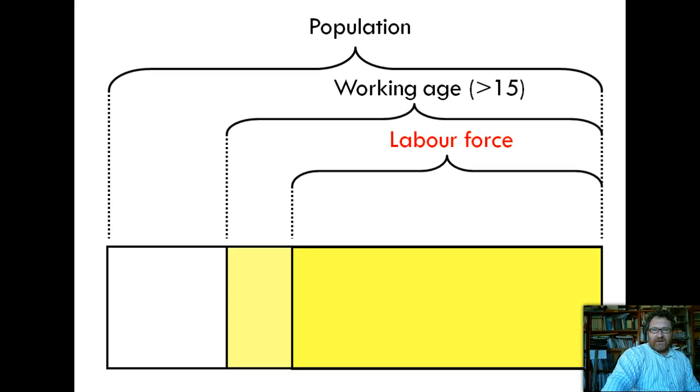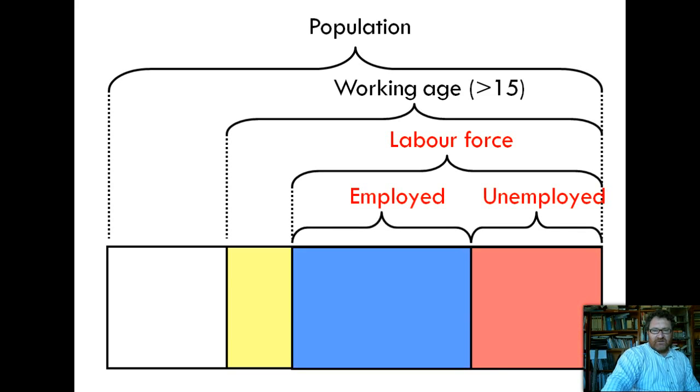And of that working age population, some percentage of them makes up the labour force. That is, people who are working or who are actively seeking work and can start work. So we can divide the labour force into the employed and the unemployed.